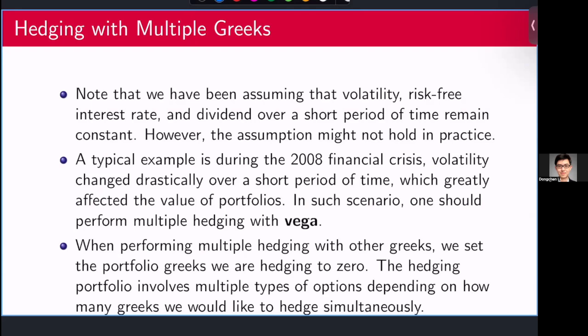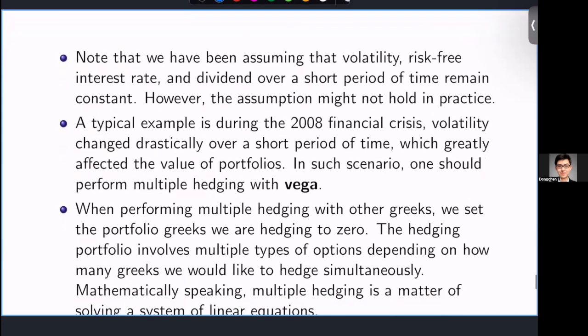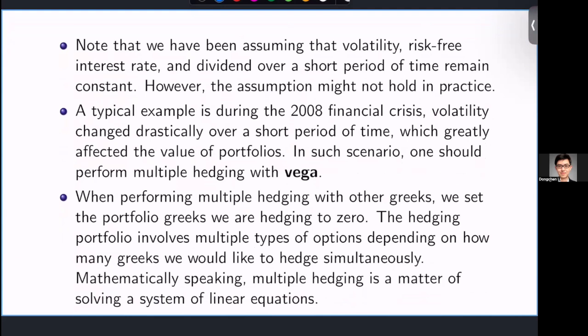But before that, let's just state the general rule of multiple hedging with other Greeks. When we do that, our idea is very simple. We want to set the portfolio Greeks we are hedging to zero. For example, if we want to reduce the sensitivity with respect to volatility, you just hedge with respect to Vega, right?